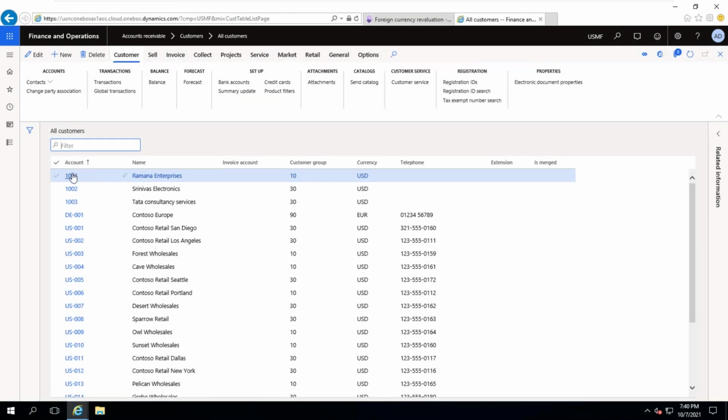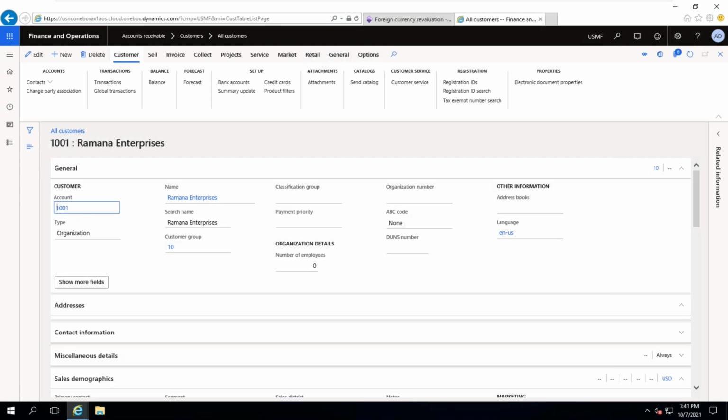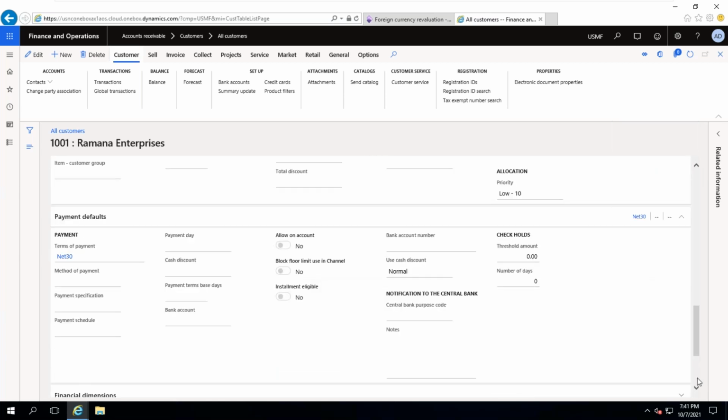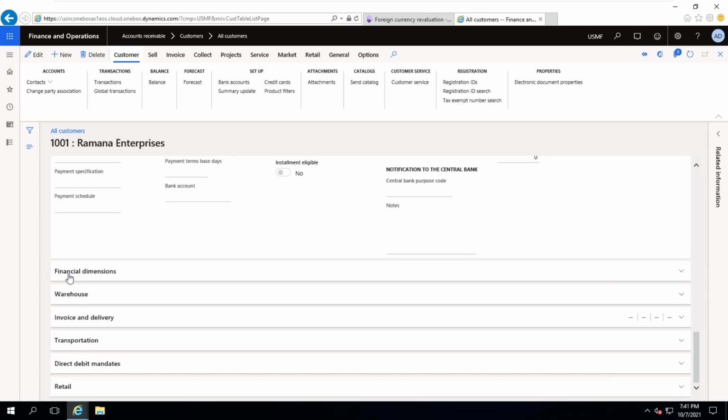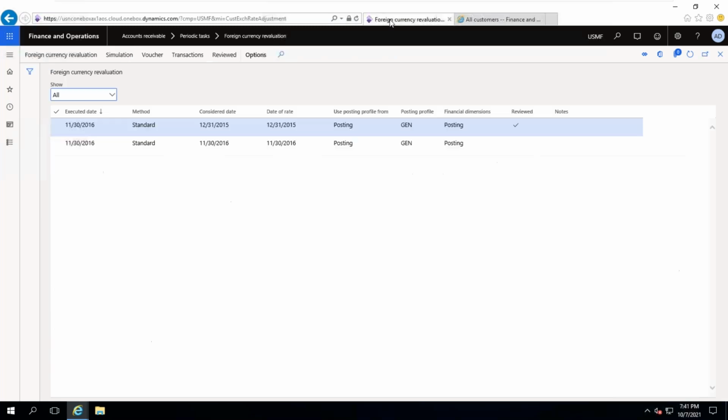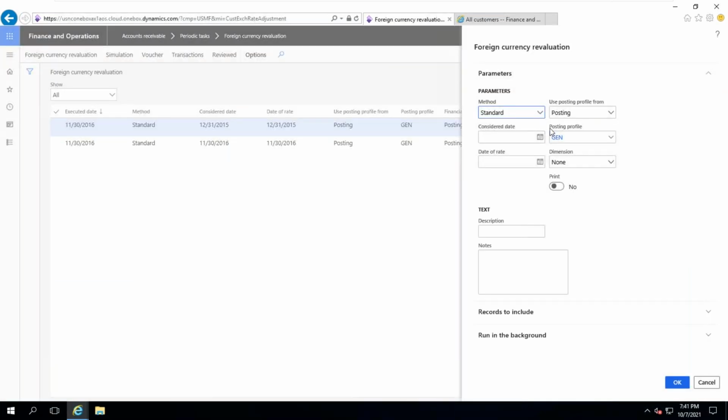So if you look at this customer account, at the bottom you will find the customer account dimensions. Whatever dimensions are there, if you want to consider these dimensions in the foreign currency revaluation, then it is table.